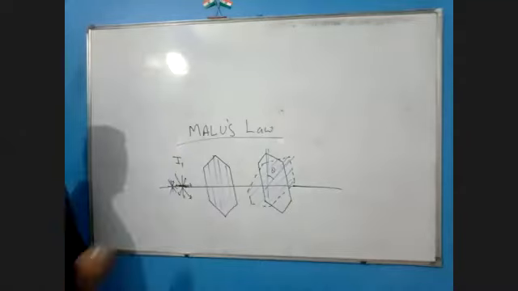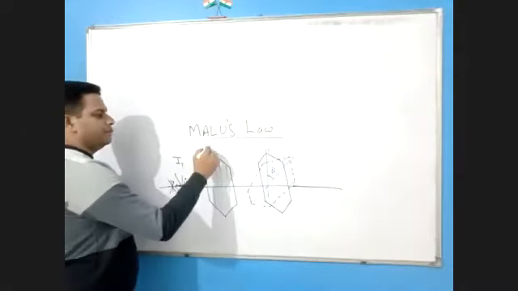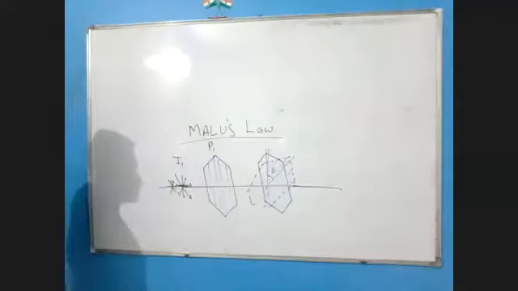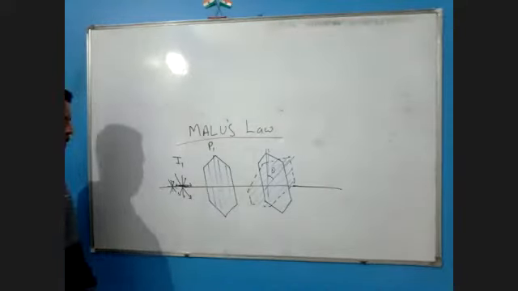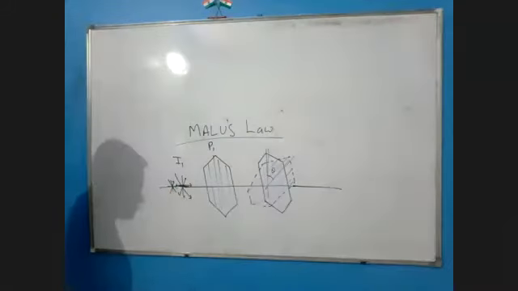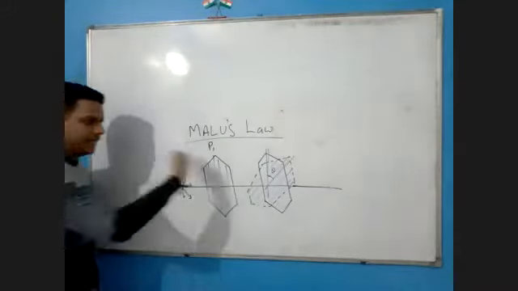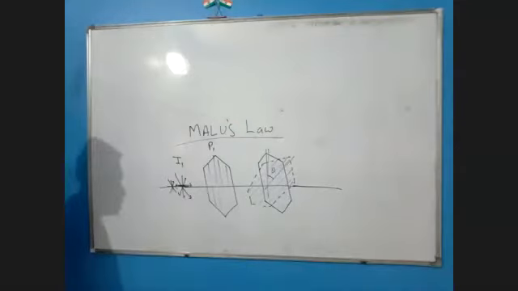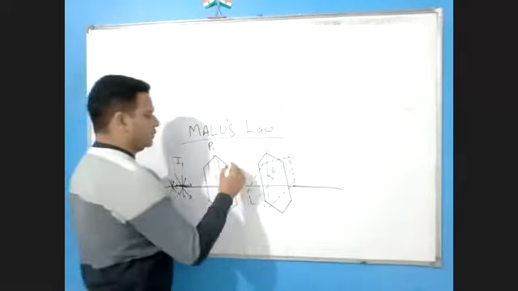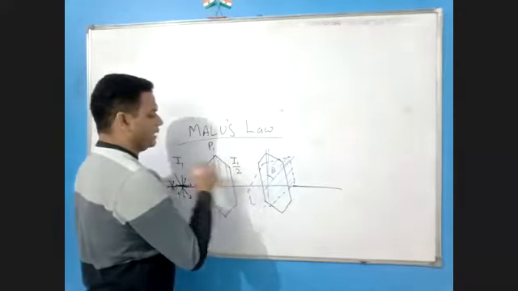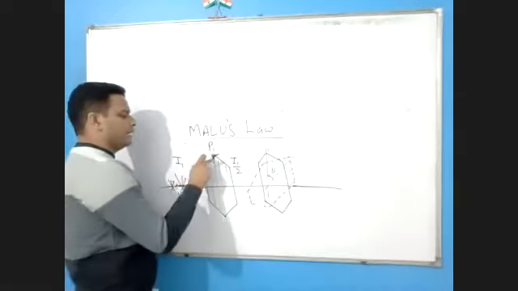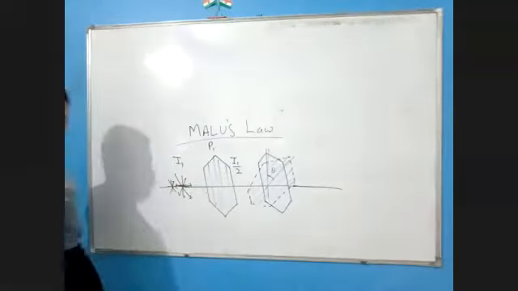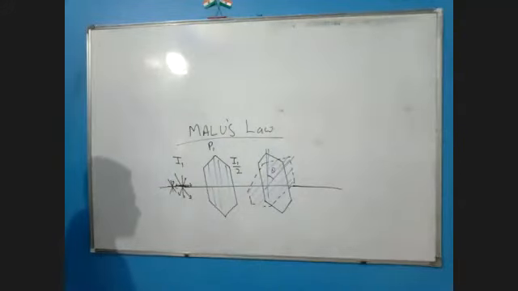As the ordinary light passes through the polarizer P1, one of the vibrations, either horizontal or vertical, gets blocked. Only one kind of vibration can emerge through the polarizer P1. So the outcome intensity through the polarizer P1 is I1 by 2. Okay class?